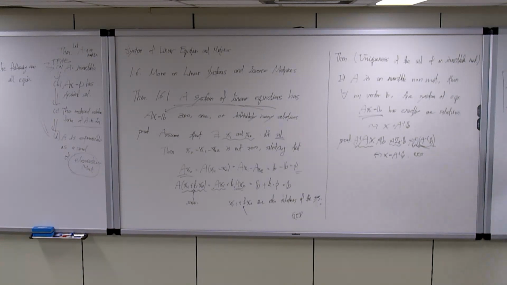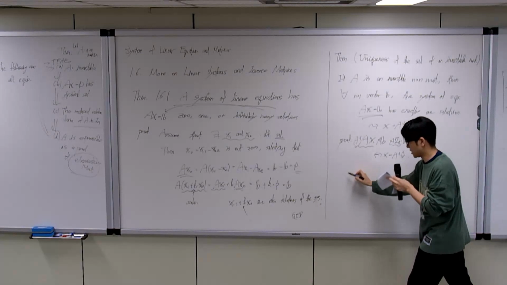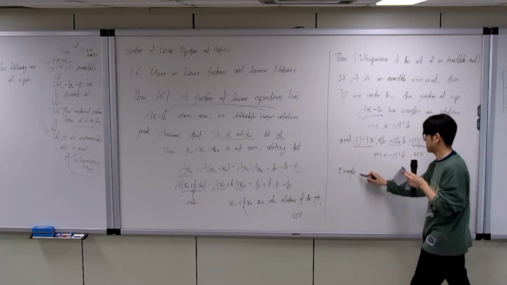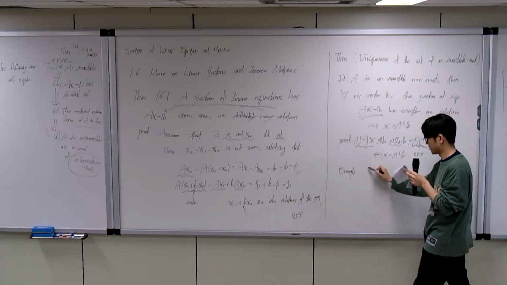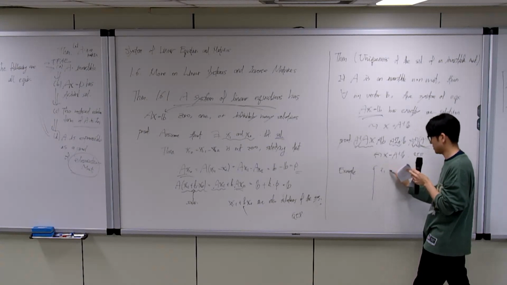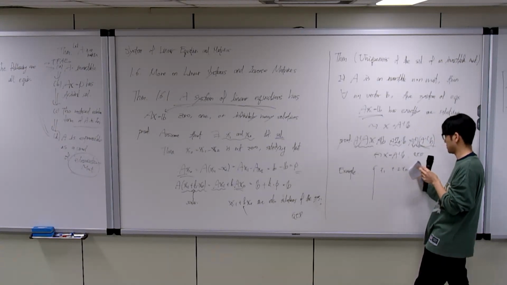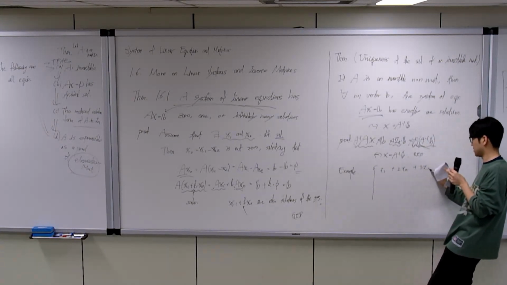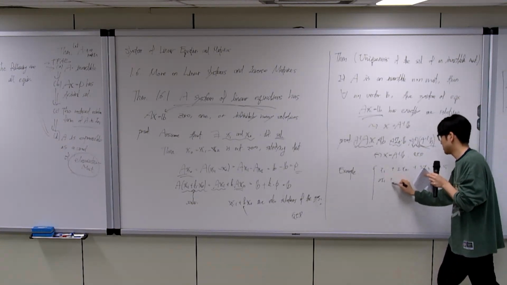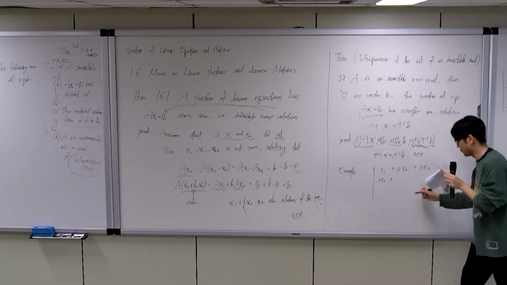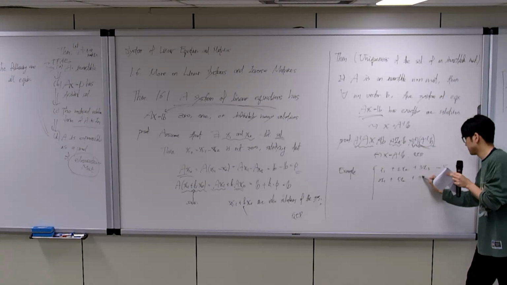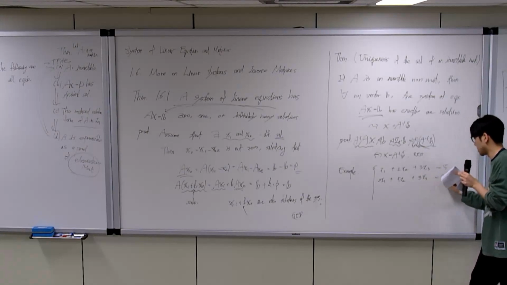So by using this property, we might get the solution of the following linear system. When we first solved this system, we just used row operations, and it takes a lot of time.